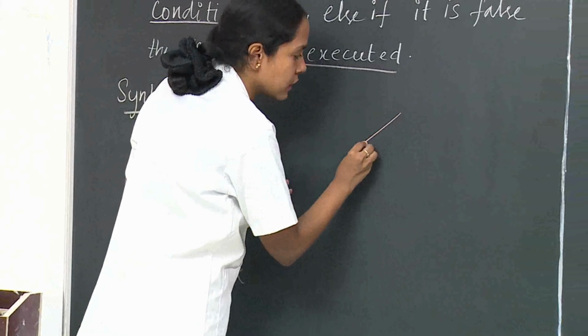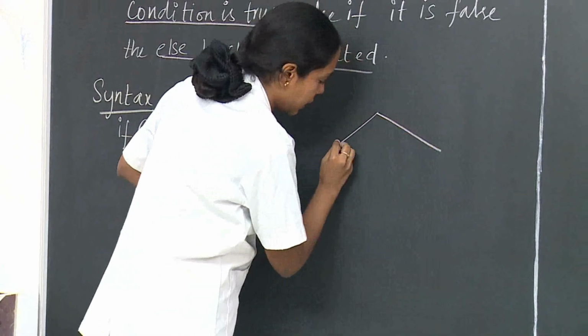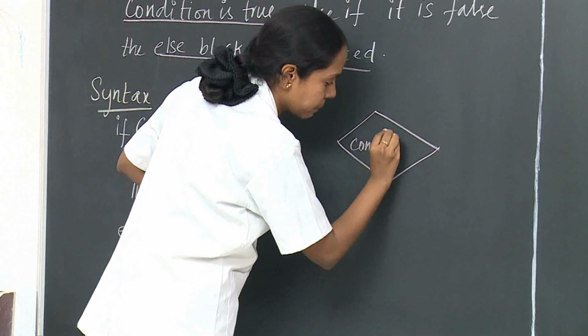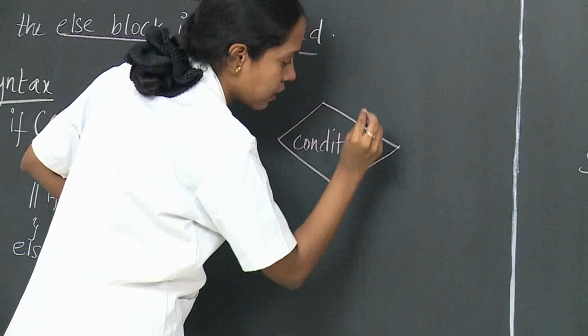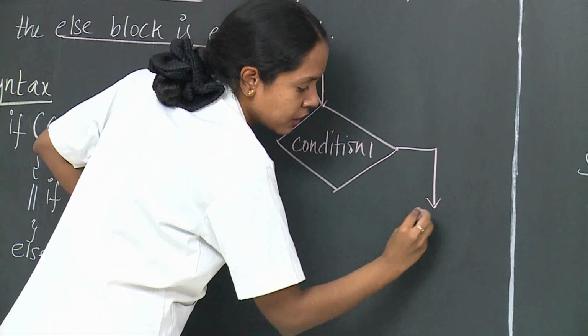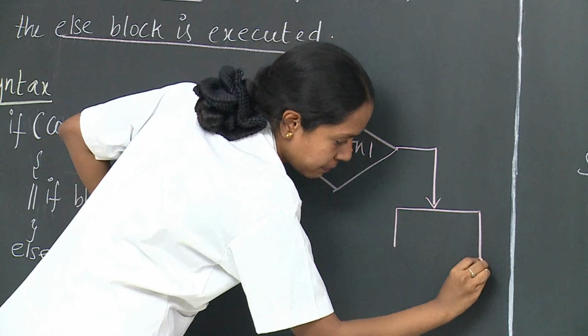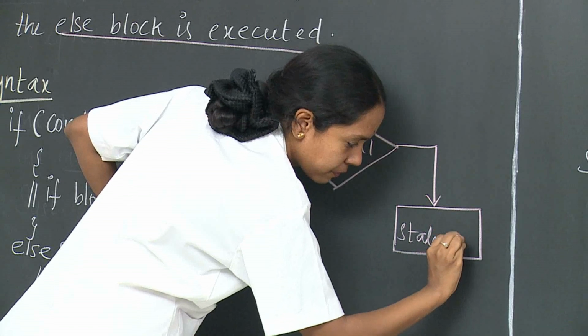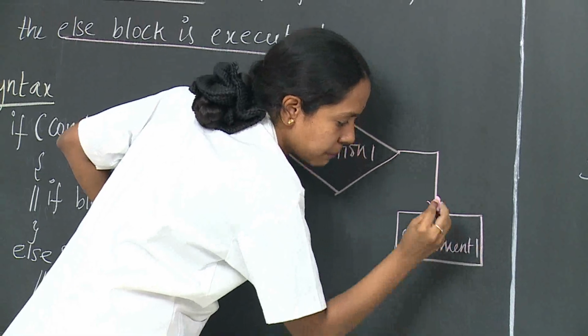Here is the flowchart. First, the condition. Here I am giving condition 1. If the condition is true, it will execute one statement. So this is statement 1.